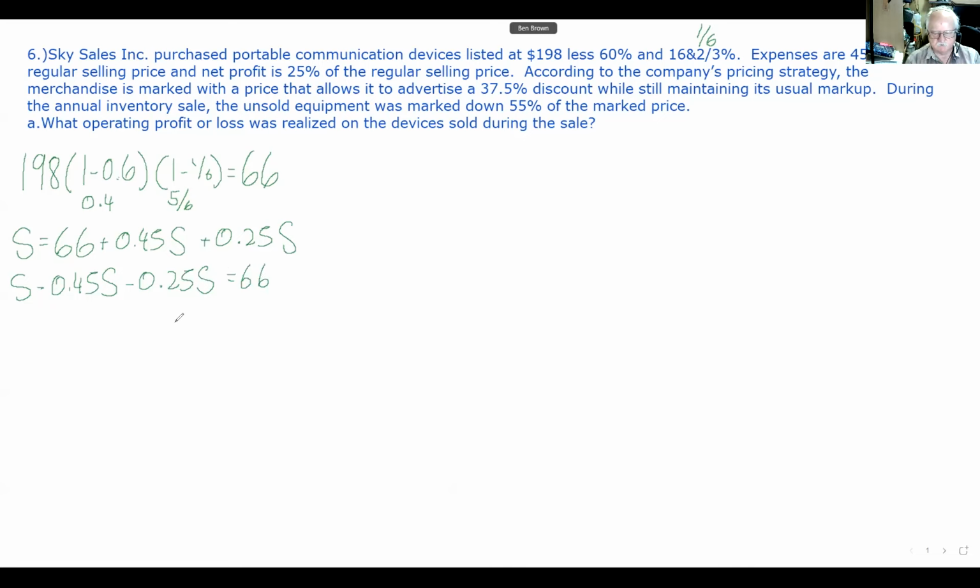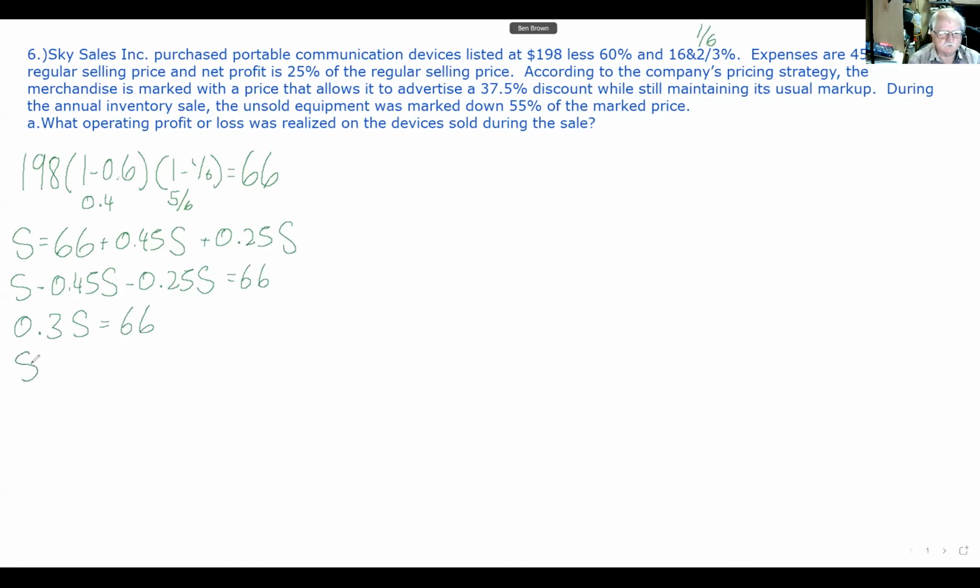So we got to figure out how much S we have left. 1 minus 0.45 minus 0.25. We've only got 0.3 S equals 66.